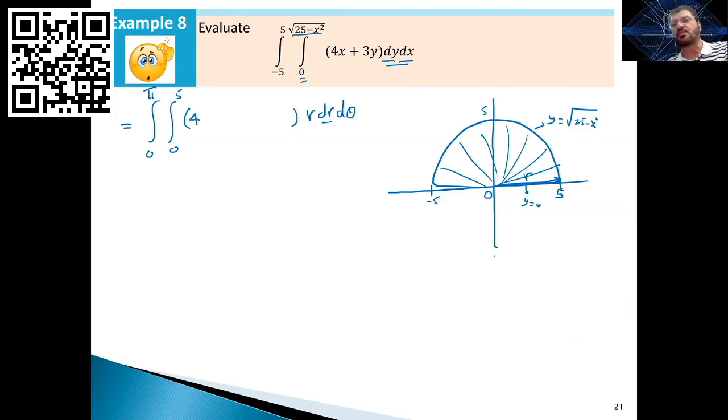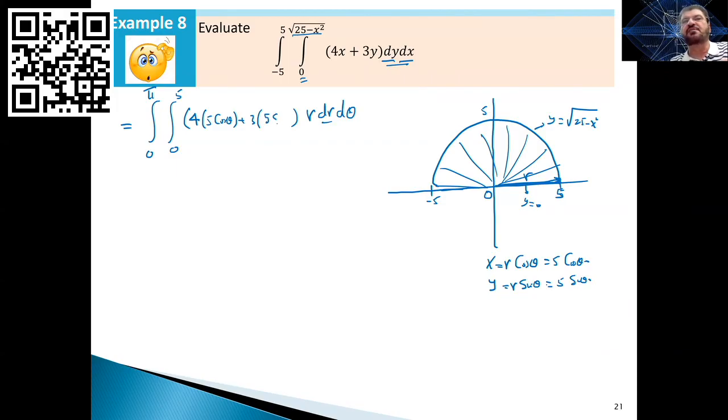Now, times 4 x plus 3 y. What do we know about x? We know that x is equal r cosine theta. And r here is what? 5. So it's equal to 5 cosine theta. So this is 4 times 5 cosine theta plus 3 times, we know that y is equal r sine theta, and r is 5, so this is 5 sine theta.